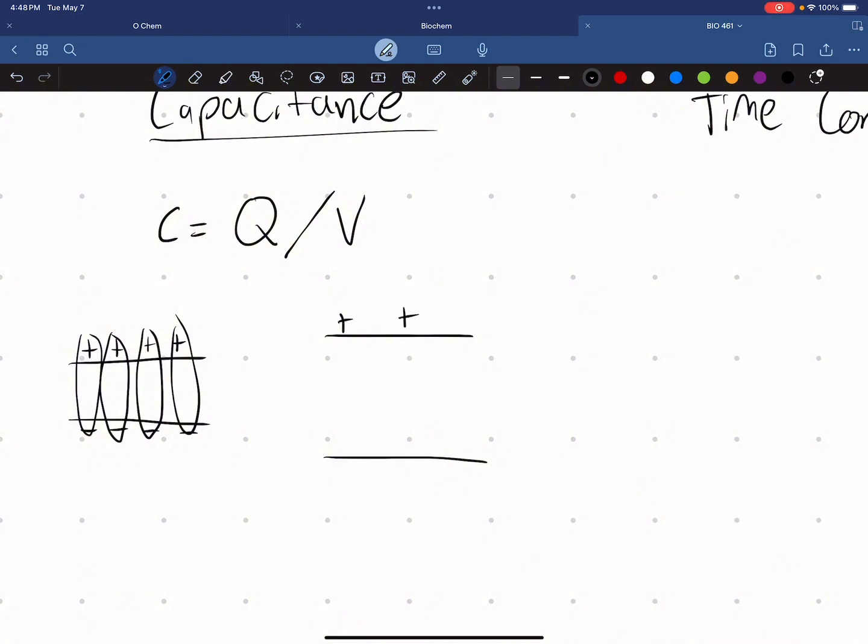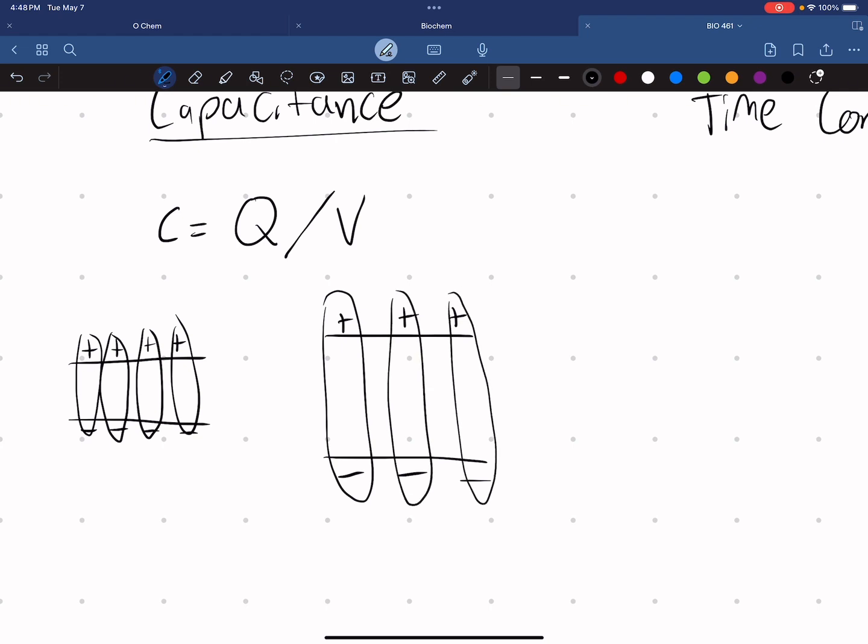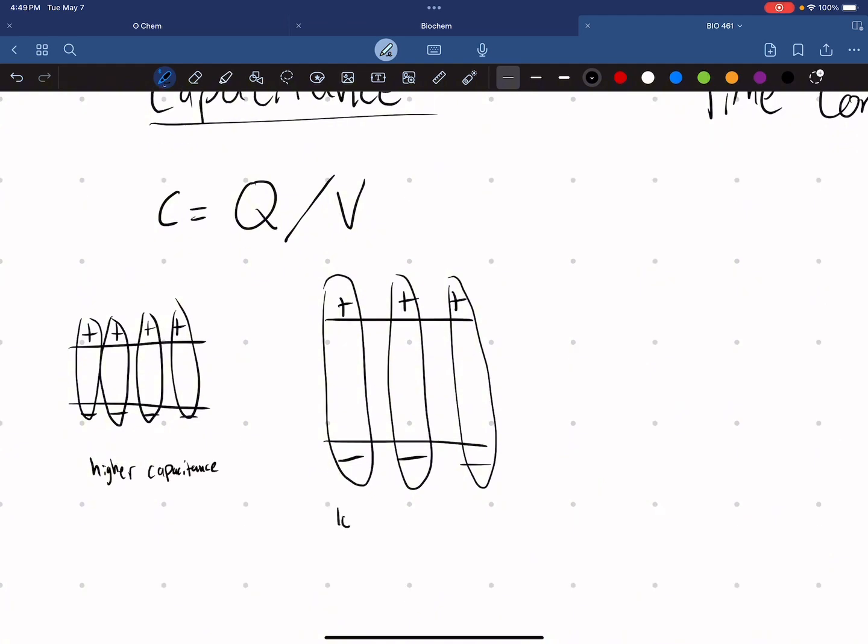And so drawing this one over here, we can see that there is a greater length between these charges. So here we're going to have a higher capacitance, and this one will give us a lower capacitance.